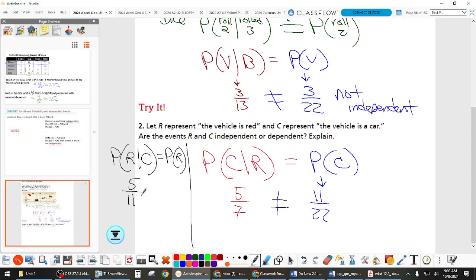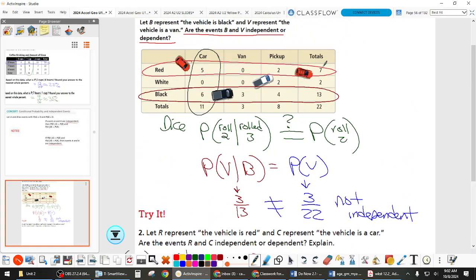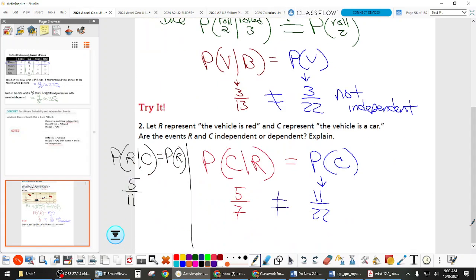And then the probability that it's red, 7 out of 22. It's still not equal. So did it make a difference which one we checked? No. Okay? Not independent.